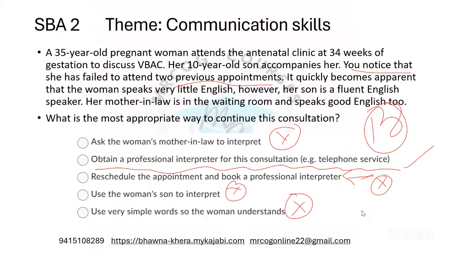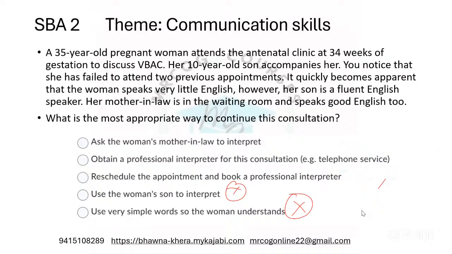And remember, this same thing holds true for emergencies as well. Even in an emergency, we will still try to arrange the interpreter for the patient rather than relying on any other source. When you look at an emergency, they may give you a patient who is in for a cesarean section that you have to do urgently, and ask whether you can take the help of the husband, some relative or the hospital staff.